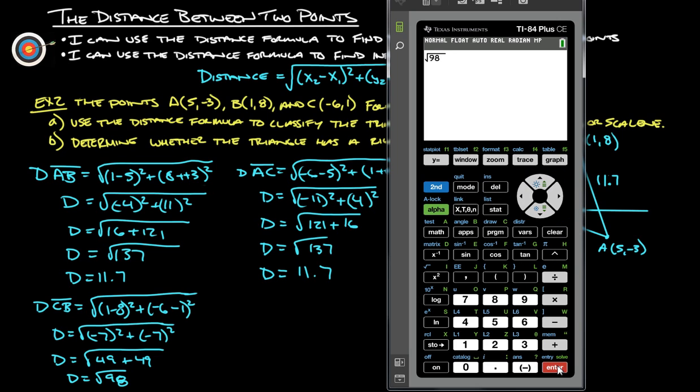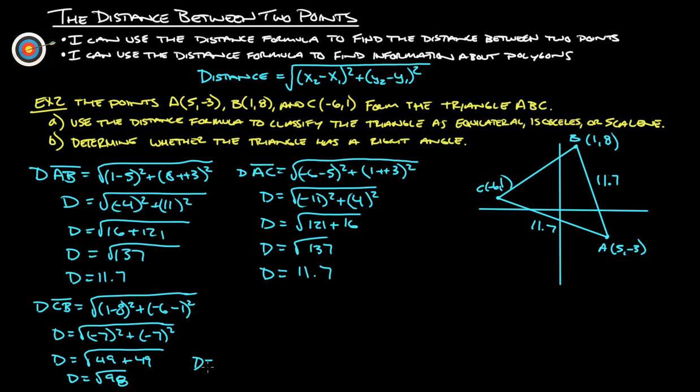There we go. And we get 9.899. So 1, 2, 3, 9 tells the 9 to get bigger, which turns it into a 10, so that's 9.90. So the distance here is 9.90.